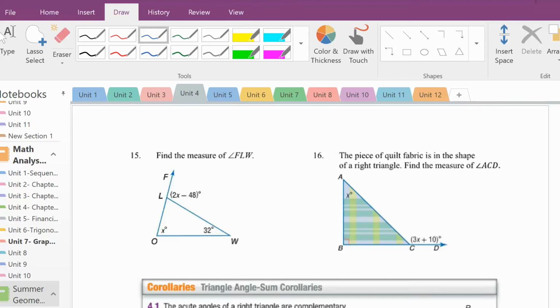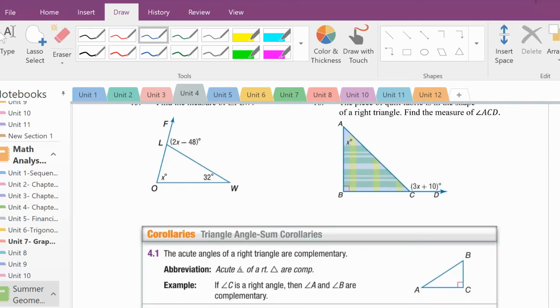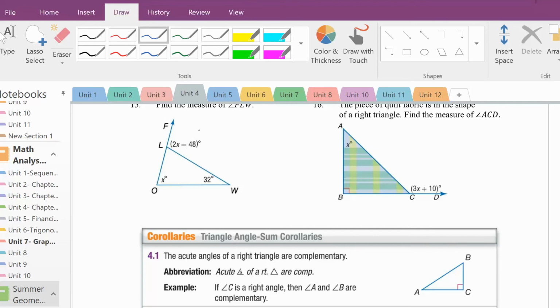So here's how it works with some problems. For example, number 15, 2x minus 48 is an exterior angle in a triangle. It's outside, and here you have the two remote interiors. So 2x minus 48 is equal to x plus 32.